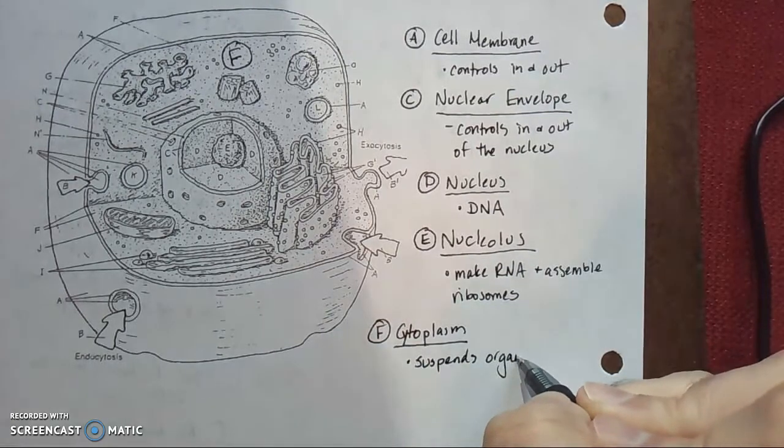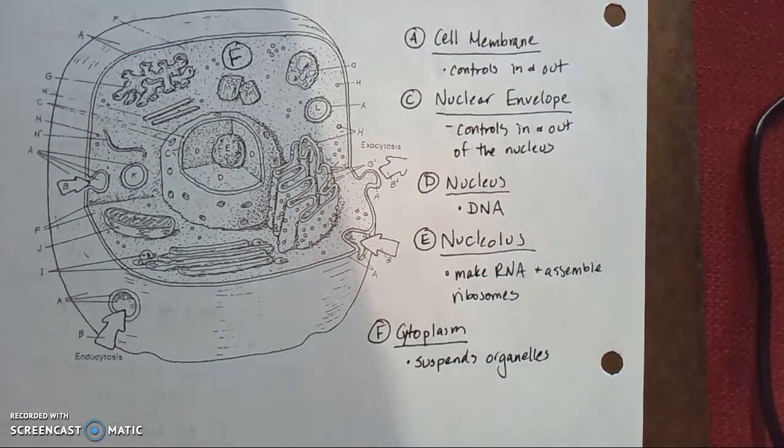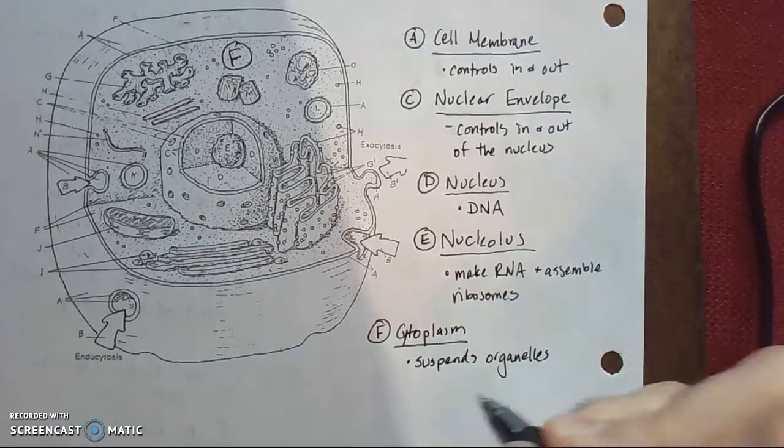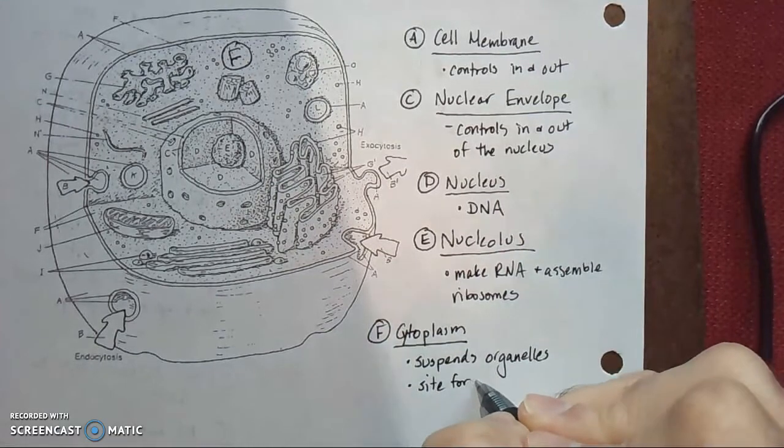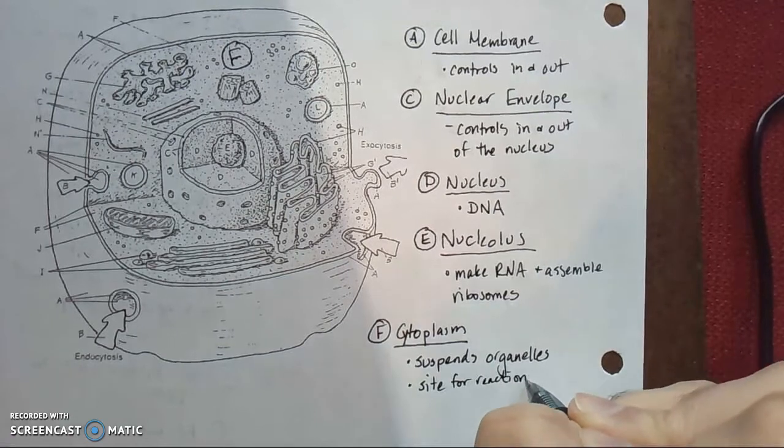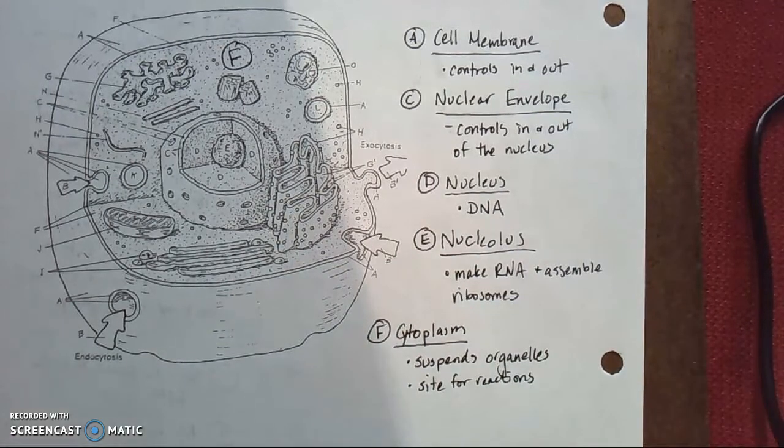Some of the organelles are freely moving throughout the cytoplasm. And it acts as a site for reactions. So if something is releasing enzymes into the cytoplasm, reactions can take place in there. So we might have enzymes located in there that do certain things.